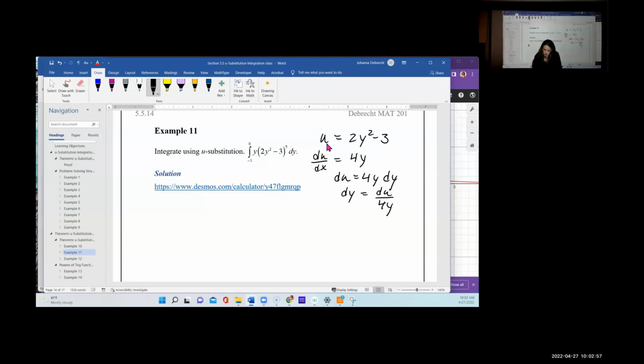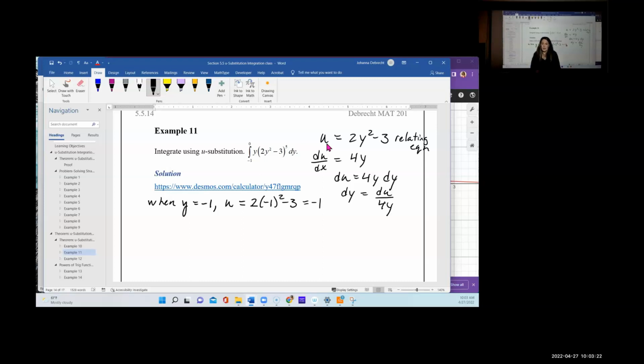So when y is equal to -1, u is equal to, come up here to your relating equation, and plug it in. 2 times -1 squared minus 3 would be -1.